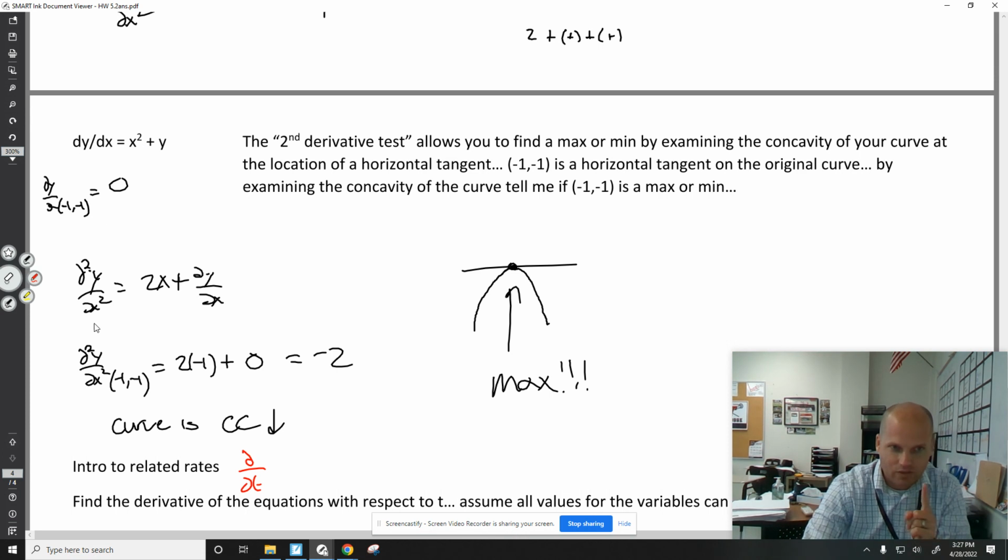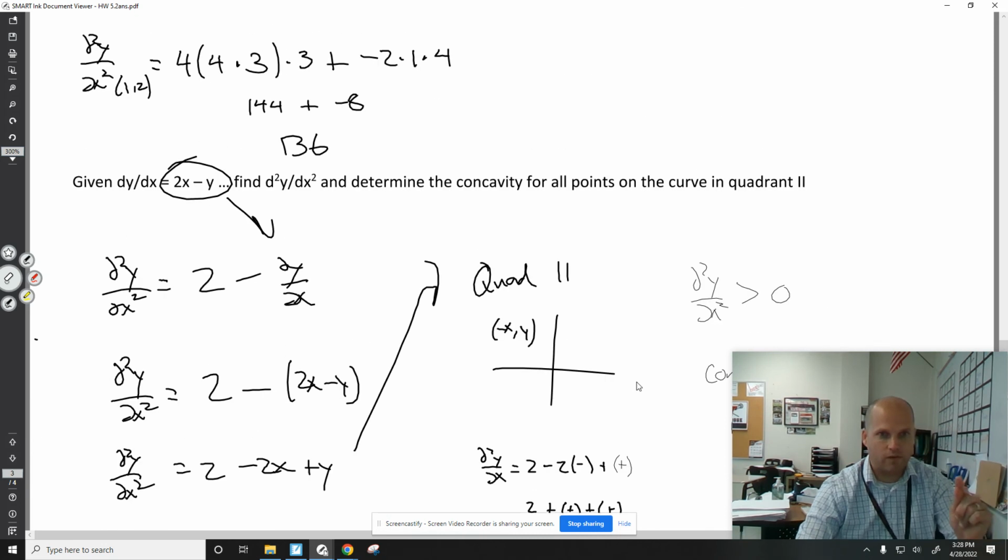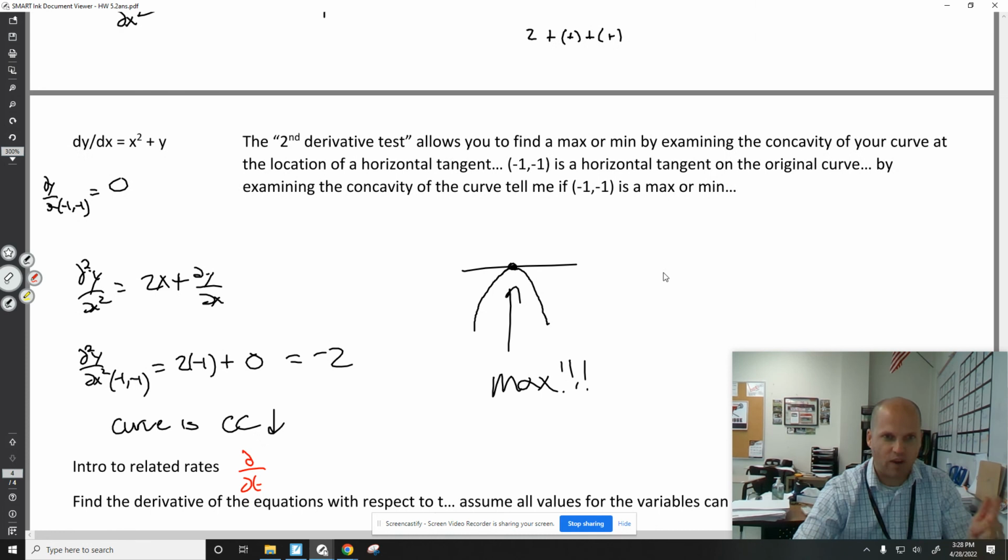We take a second derivative implicitly and plug in -1, and we get a second derivative sign at a point, but that point is where we have a horizontal tangent. If you know the second derivative is negative, you have a max. With implicit derivatives, this second derivative test is very important.